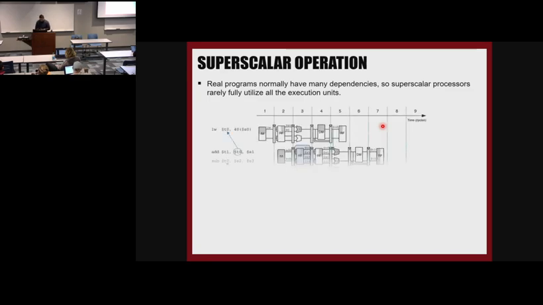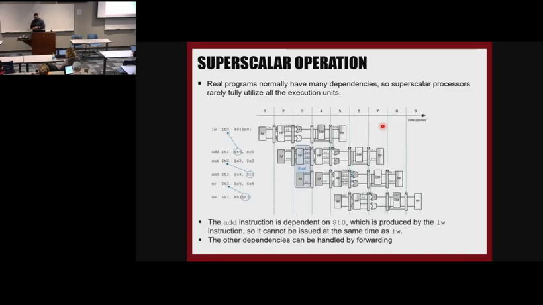All right? So now let's have an example. This example is a different set of instructions. We have load word followed by an add, and then subtraction, AND, OR, and store word. Looking at these instructions, we can see that here we have a dependency. It's a read after write dependency, right? We load something into T0, but we want to read the same T0 register for the next instruction.